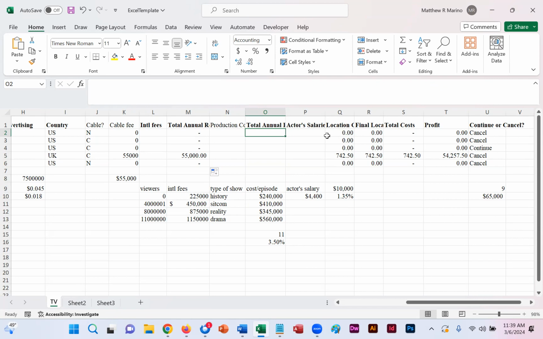Could I see the total cost formula one more time, please? We're just adding our total annual payments for the production cost, plus the actor salaries, plus the final location cost.